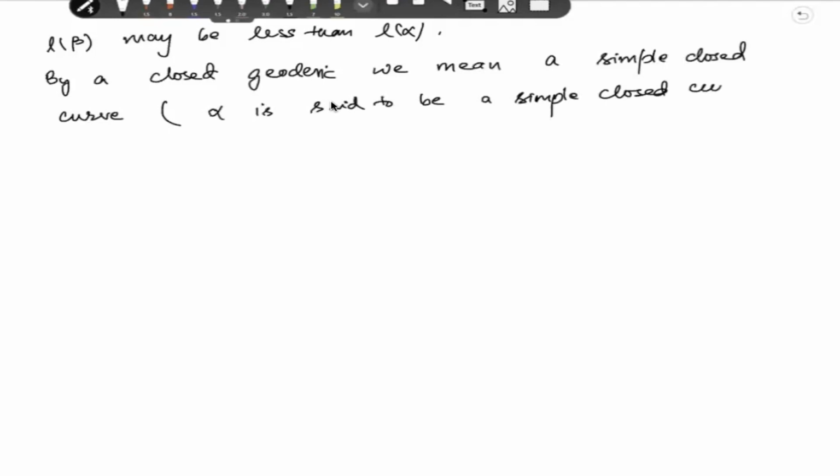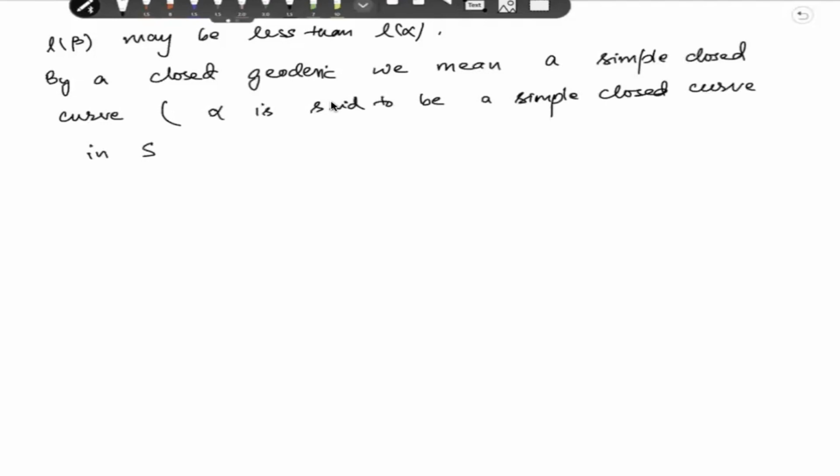First of all, a closed geodesic is a simple closed curve. Again, what is a simple closed curve?